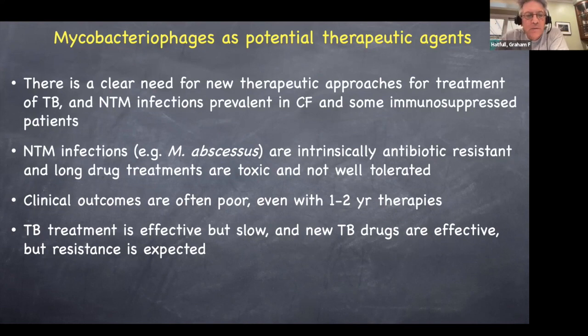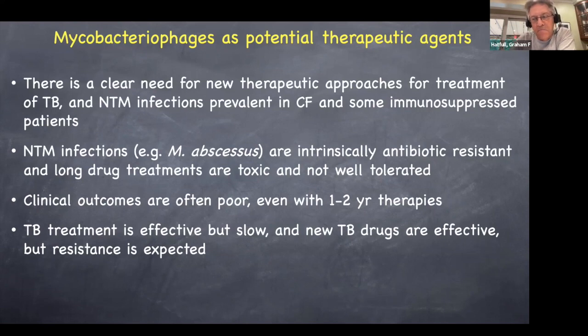They're intrinsically antibiotic resistant, as well as having some acquired resistances. And patients are often treated with antibiotics for long periods of time with poor outcomes. And so these are long therapies over several years. The antibiotics are toxic and often not well tolerated. And there are few alternative opportunities for treating them. And so we think phages have some utility there.